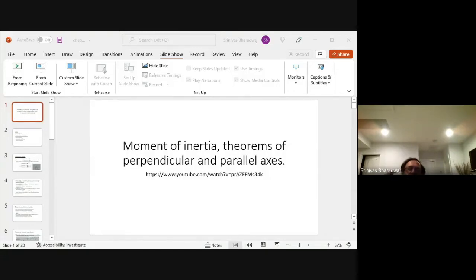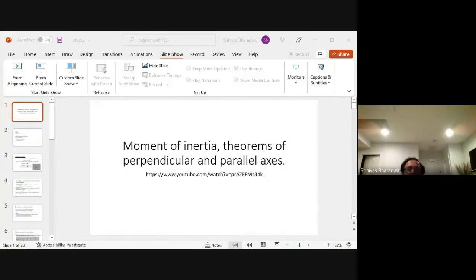So at a distance r, dA is 2 pi r dr. You have something of thickness dr, and the length is 2 pi r. So 2 pi r dr gives you dA, and rho times dA will give you dm.